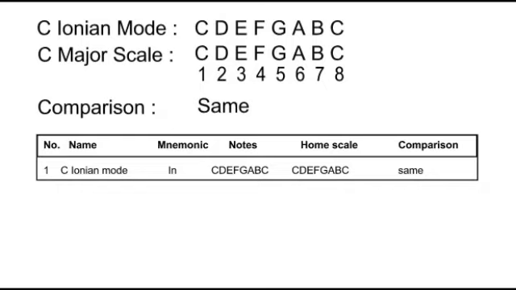Looking at the Ionian mode first, we compare the notes to those of a major scale of the same name. This is shown in the chart under the heading Home Scale. And we can see that in this case there is no difference. So under the heading Comparison we put the word Same.